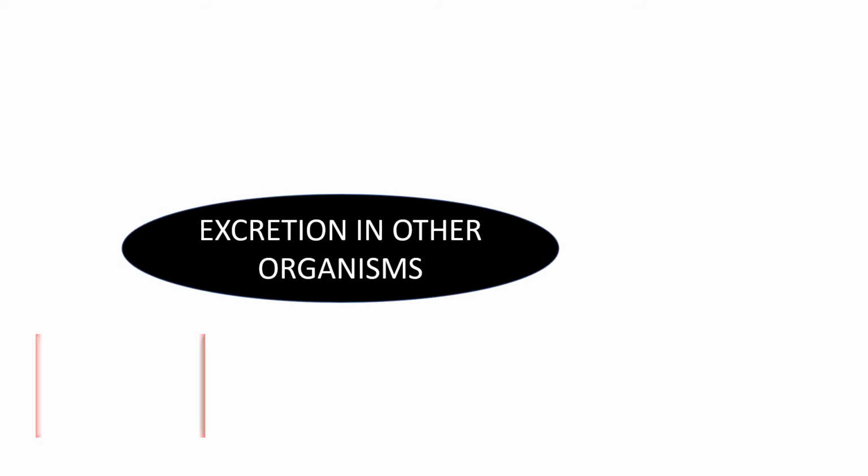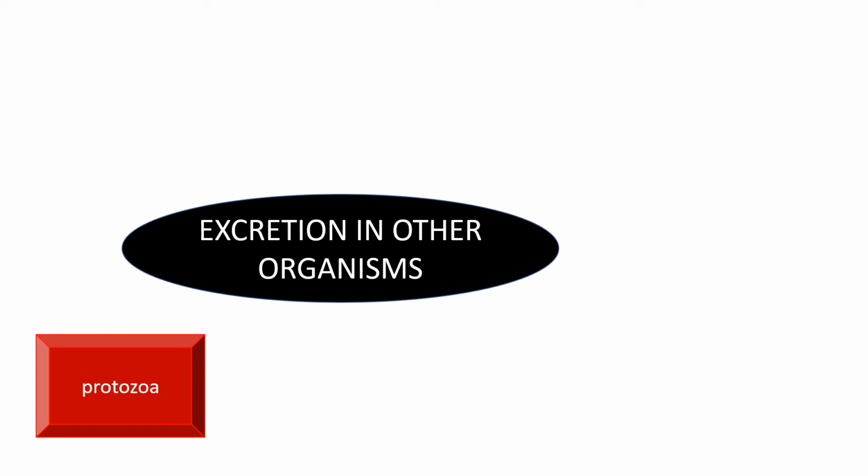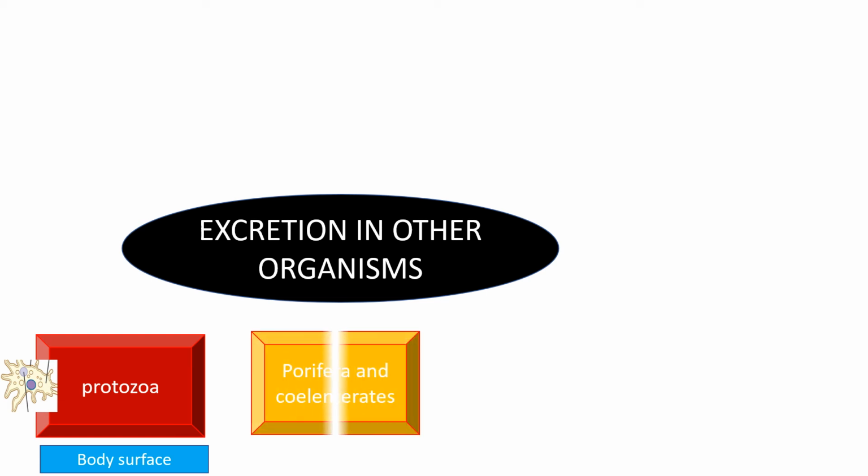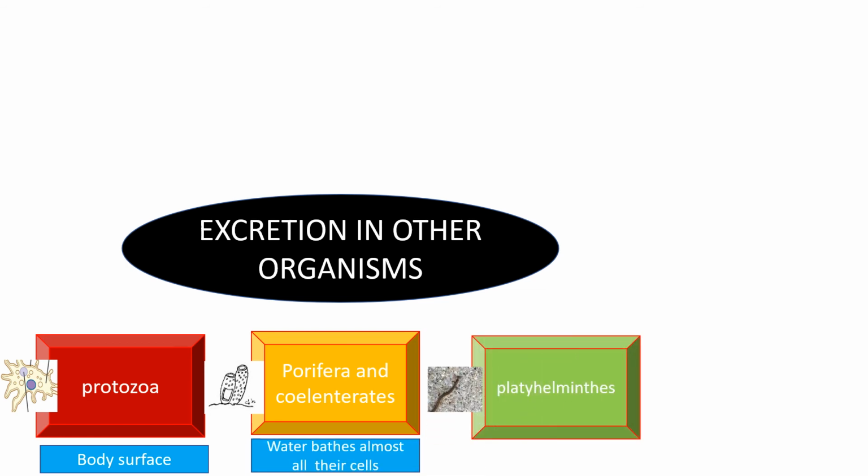Let us know the evolution of the excretory system. Excretion in other organisms. Protozoa excrete through simple diffusion from the body surface into the surrounding water. Porifera and ciliates, water bathes almost all their cells.